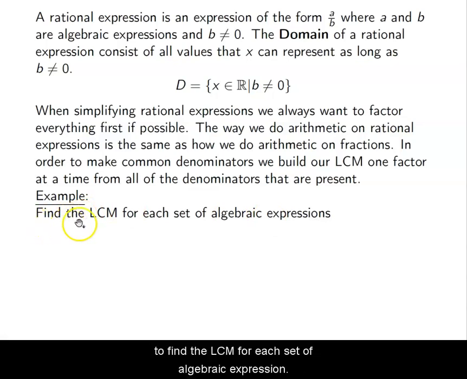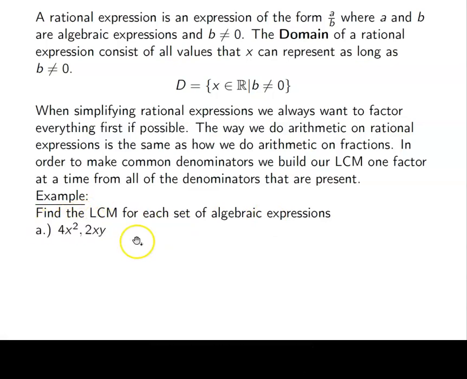Okay, so we want to find the LCM for each set of algebraic expressions. This is really just practice for building the common denominator for anything that might show up, right? So for instance, let's say I had 1 over 4x squared plus 1 over 2xy, and I needed to make a common denominator.